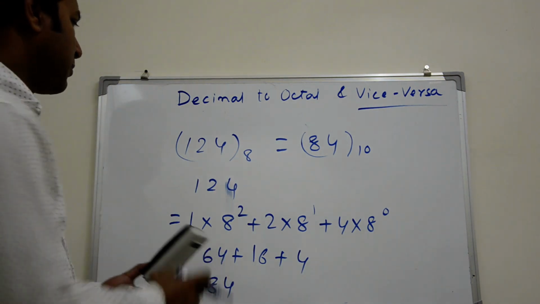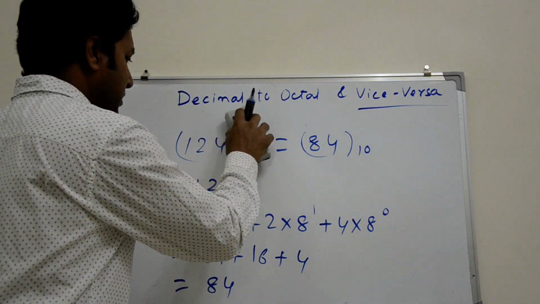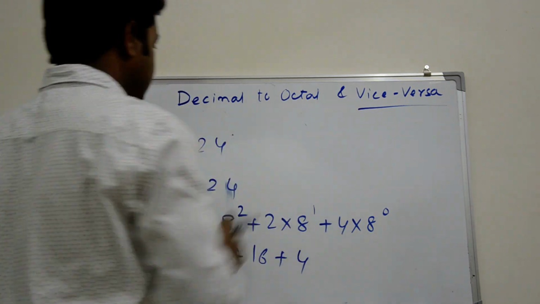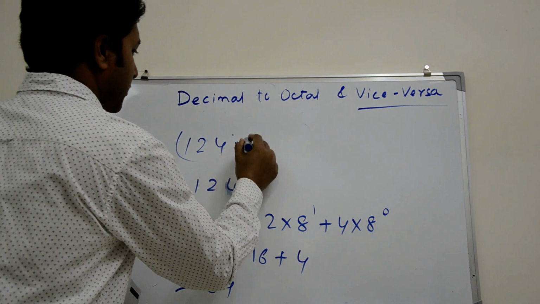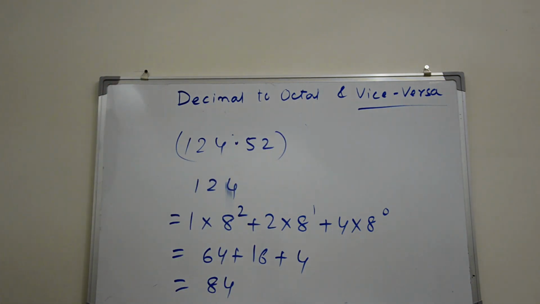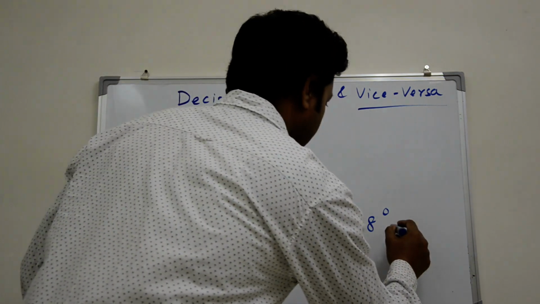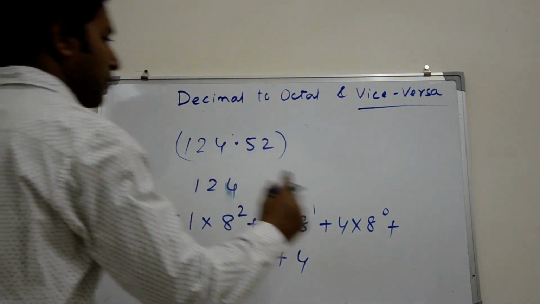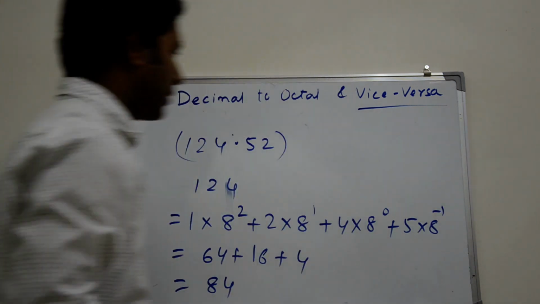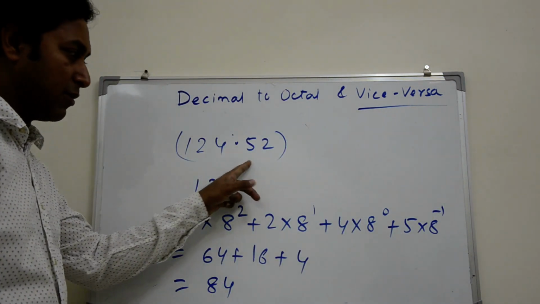What if there is a fractional part here? Let's say there is 0.52. What will happen then? In that case, you will have to write plus 5 into 8 to the power minus 1, not 2, the position value.